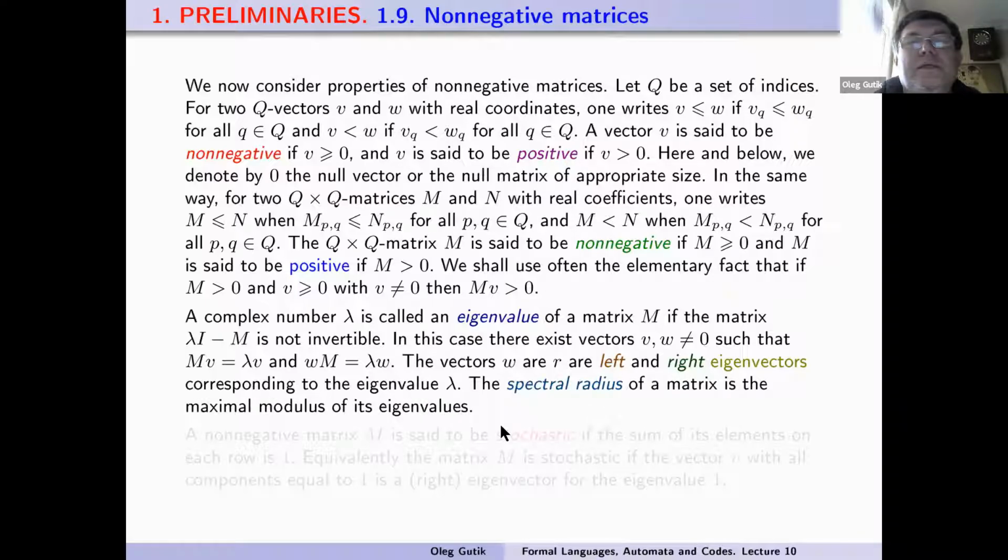The spectral radius of the matrix is the maximal modulus of its eigenvalues.